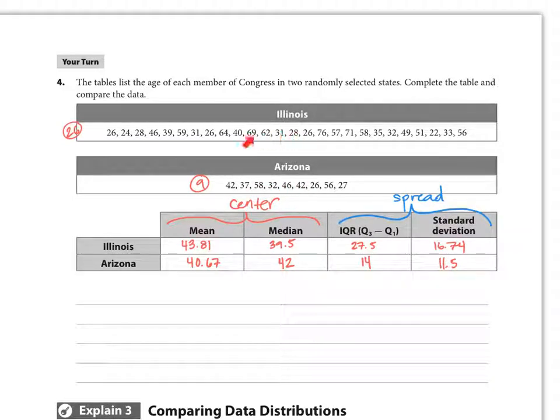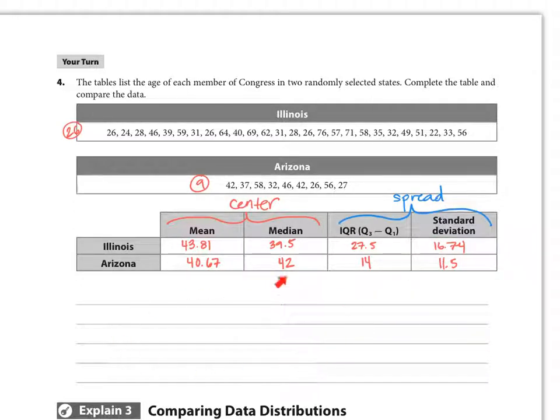In Illinois, the youngest looks like 24, maybe. Ooh, 22. And the oldest, 71, so a much bigger range. It just means all of these ages are more spread out, and that's why you're getting the bigger numbers there.